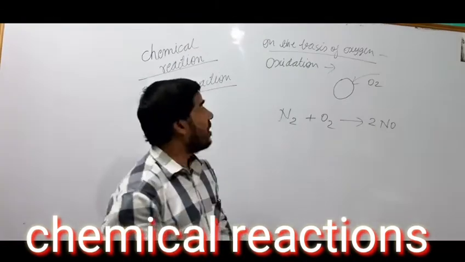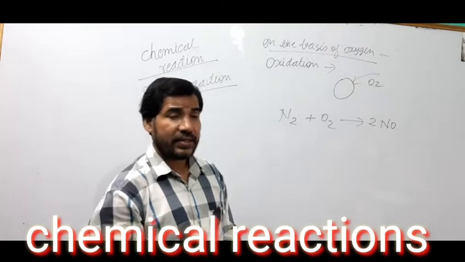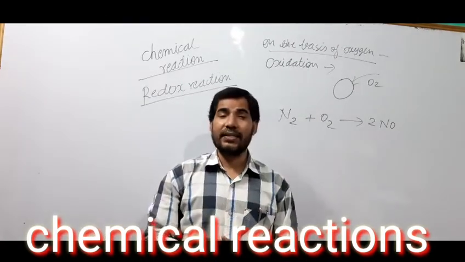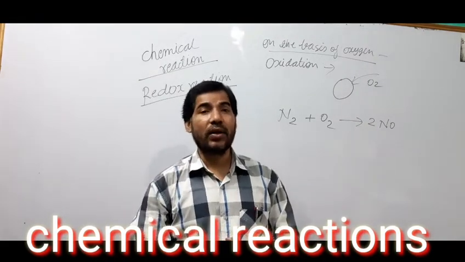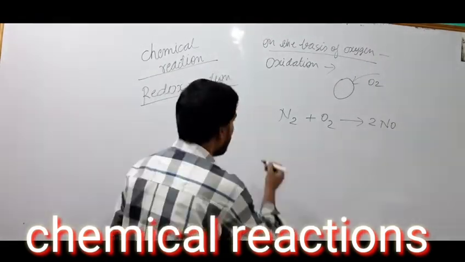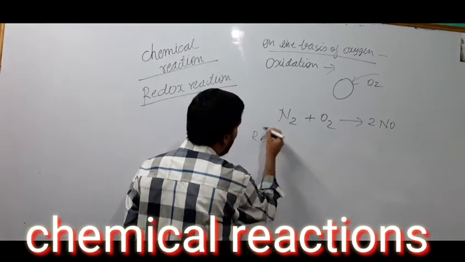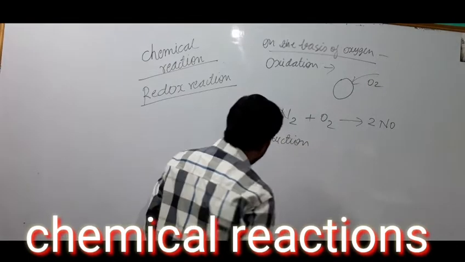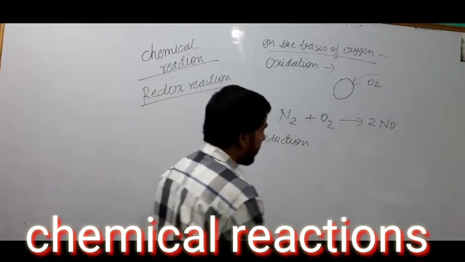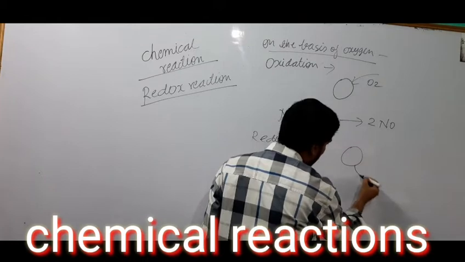For reduction: what is reduction? Those chemical reactions in which removal of oxygen takes place are called reduction. So I am going to write reduction here, and to understand this, I am going to draw a figure.